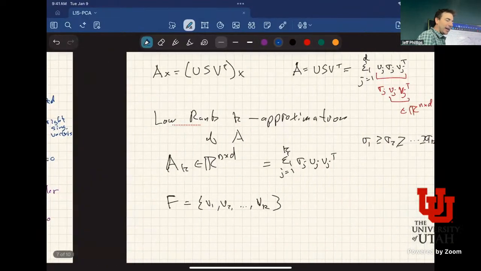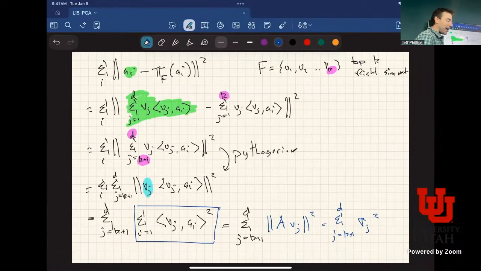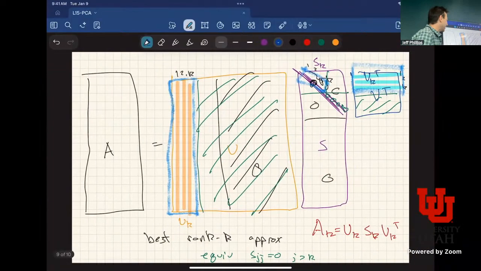Okay? And now I can minimize this error. I can see that the error is actually the sum of the singular values I threw away, that I set to 0. Okay? And I can reconstruct it by just taking this part of the matrix. Using the SVD, you are probably not going to implement the SVD. You're going to call a function in a library. They all use the same backend code.